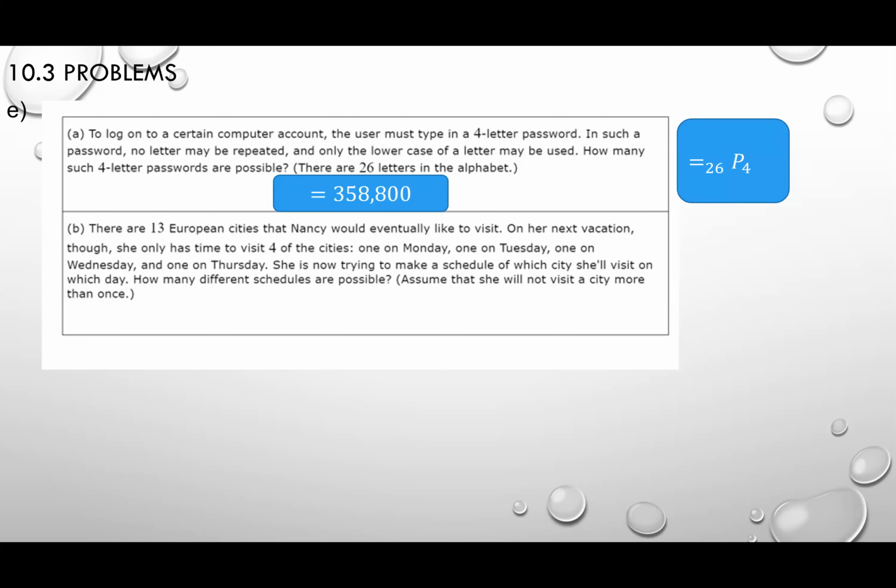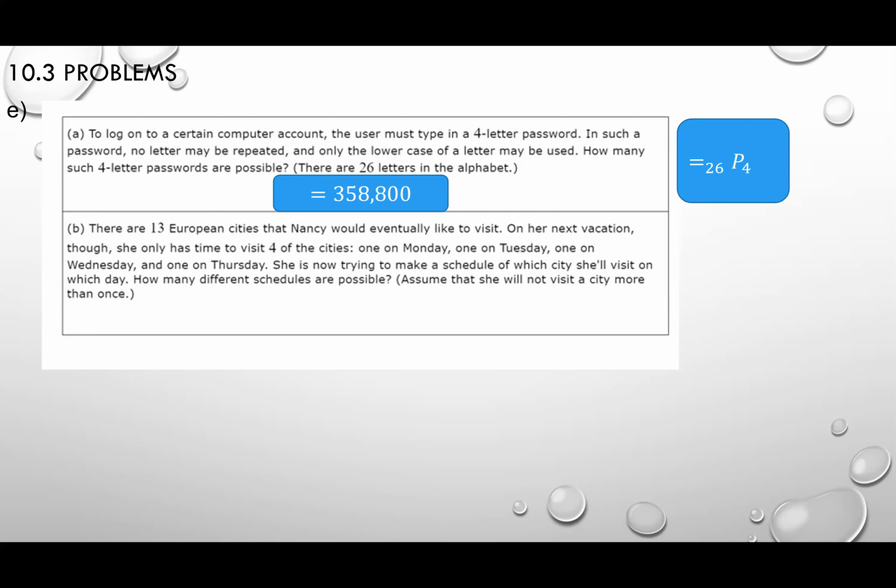Because the order of the word matters. So that's your challenge: all of this starts out with wording. How can you take that wording and decipher whether it is a permutation problem, where the order or ranking matters, or a general combination?